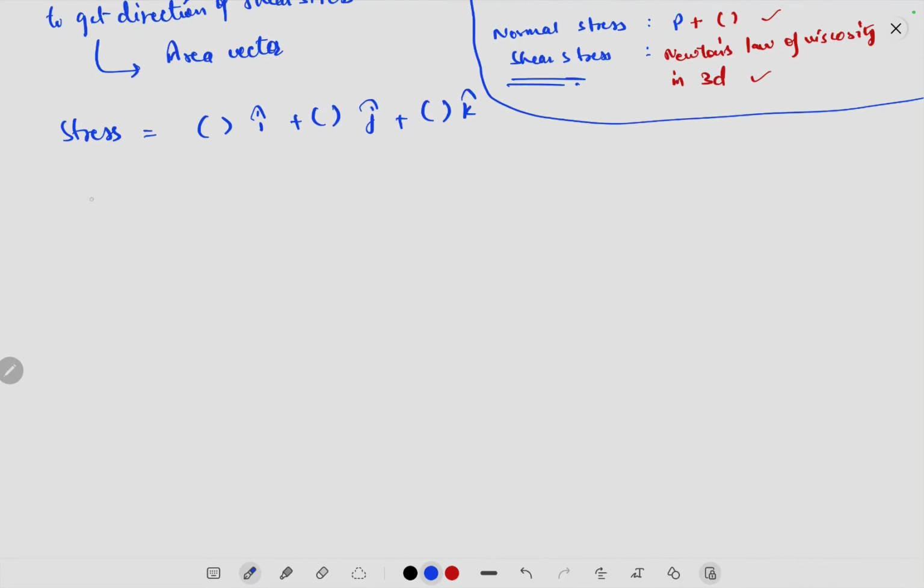Thus to denote a stress we need two things, or two subscripts, with one telling me the direction of that stress and the other telling me the direction of the area vector.